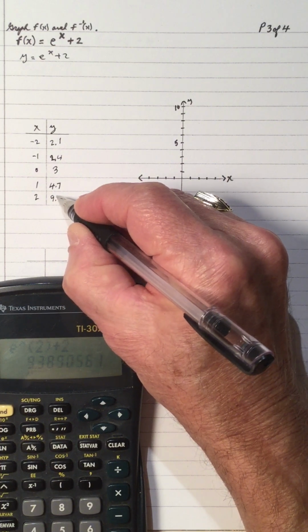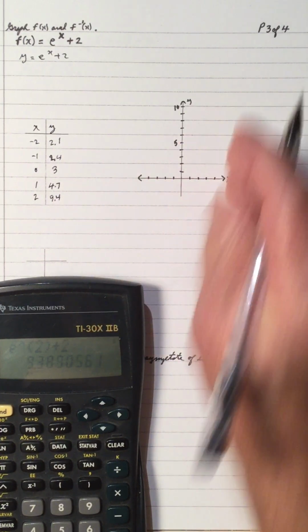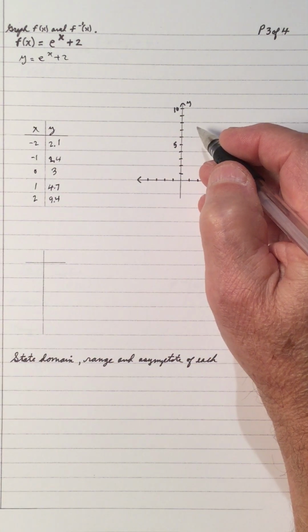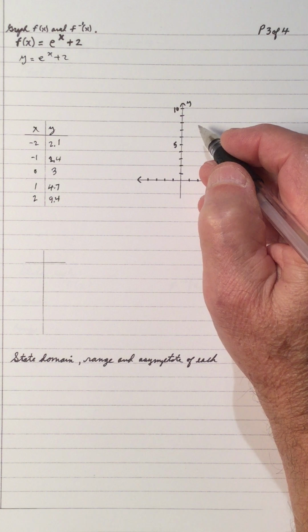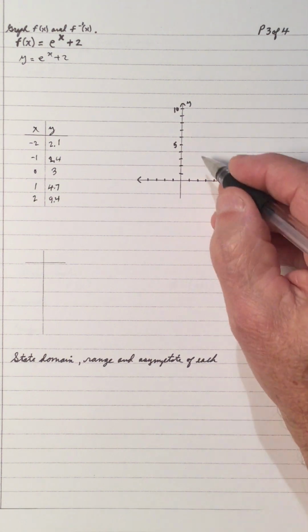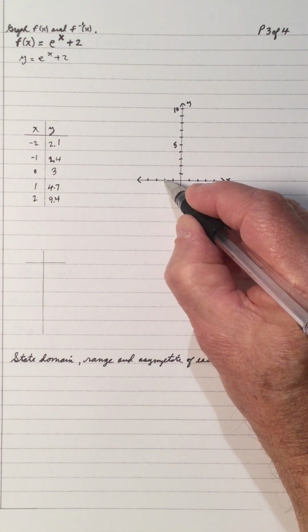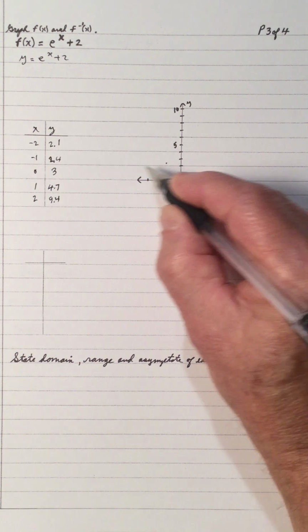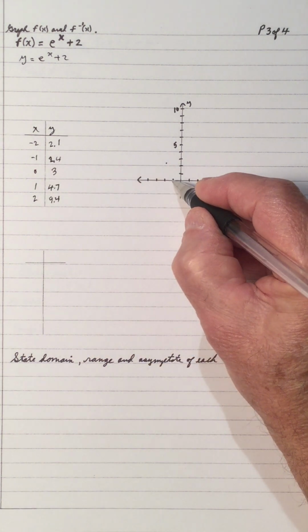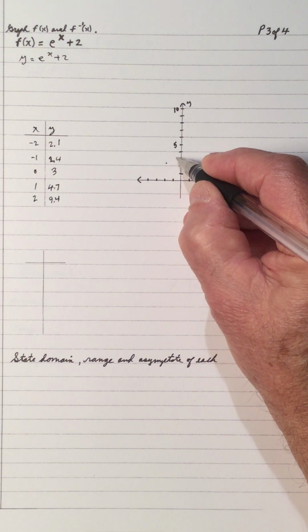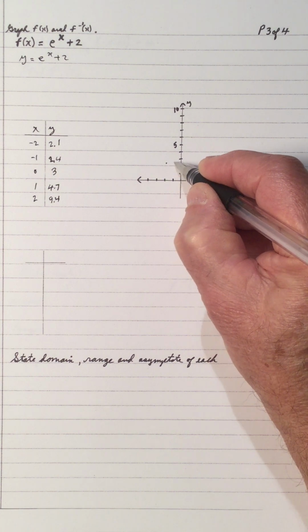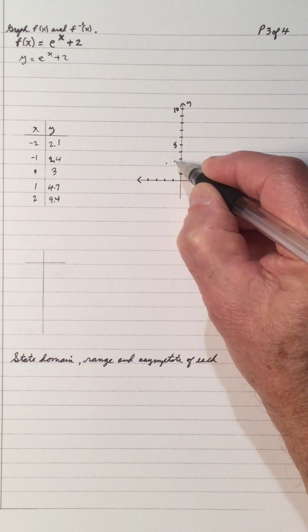So the only difference is that the y has 2 more than what it did before. So when x is -2, y is 2.1. When x is -1, y is 2.4, so just a little bit higher.